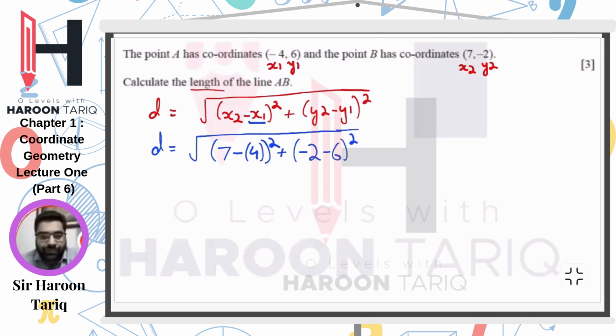Okay, now distance square root, this becomes, this was negative 4 by the way, this is minus 4. We had minus 4 here, as you can see, minus 4.